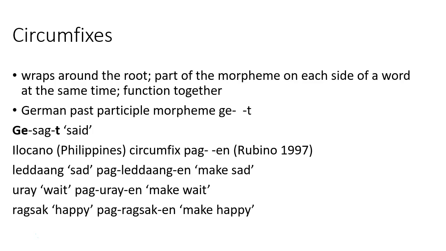So it uses it in a rather different way to German. German is using it to mark past and to mark aspect, something that's said, done, finished. Ilocano is using its circumfix in a different way, but it functions in exactly the same way. So one bit at the start of the root and one bit at the end of the root, and you must have both parts.